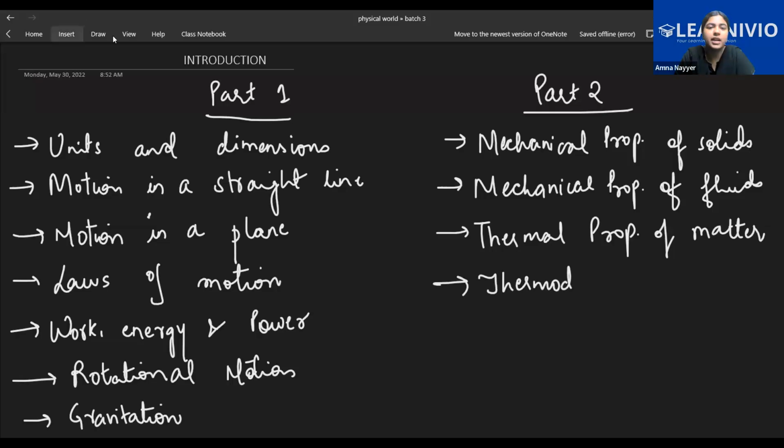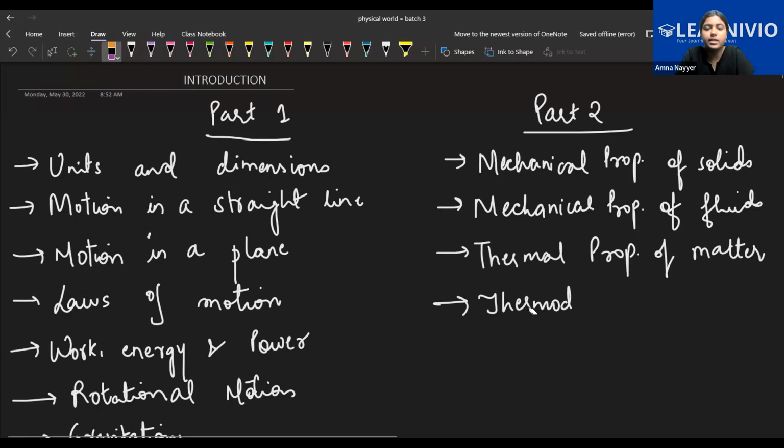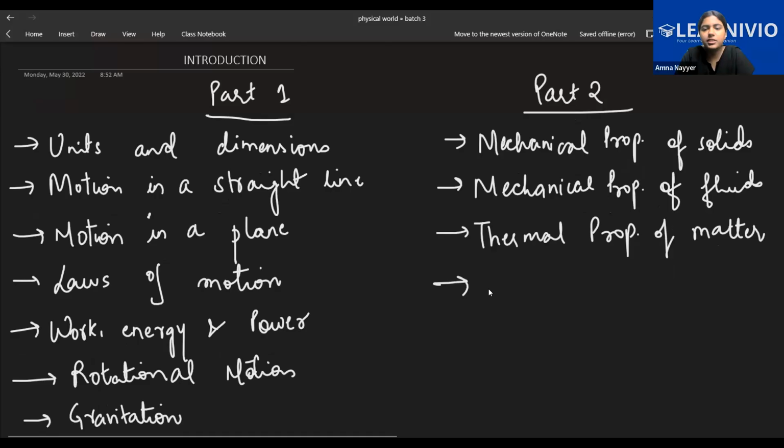After this, we have kinetic theory. So there are certain postulates that if molecules are present within a closed space, what all things can happen. Like molecules are free to move.